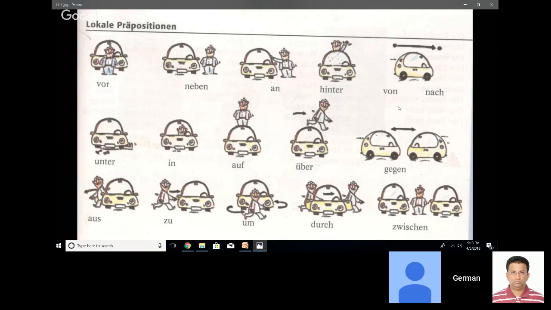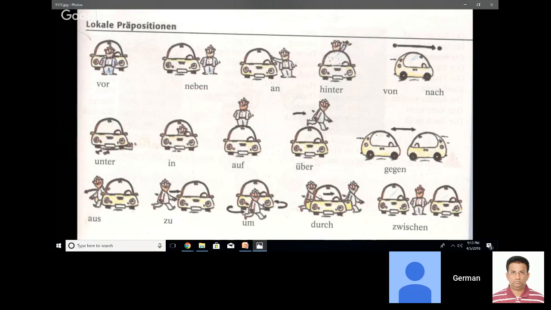Over here, you can see we are using accusative and dative prepositions as well. The main prepositions which are Wechsel are vor, neben, an, hinter, über, auf, in, unter, and over here zwischen. Zwischen means in between. The man is in between the two cars. That's why the preposition zwischen.